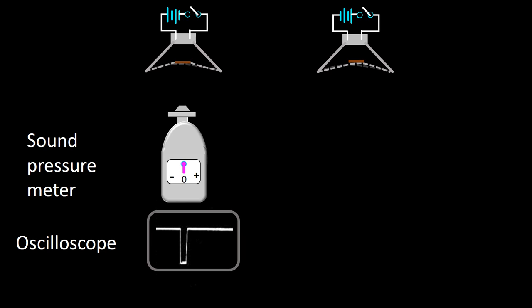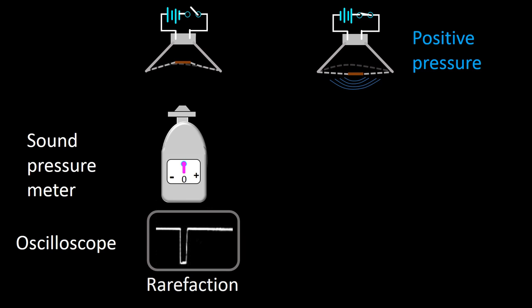We can do the same with the direction of current being inverted, as suggested by the change in the order of the vertical aqua lines representing the battery. A positive pressure will now be created.